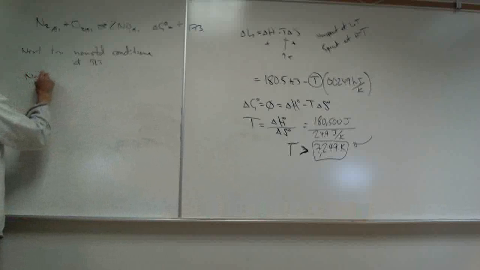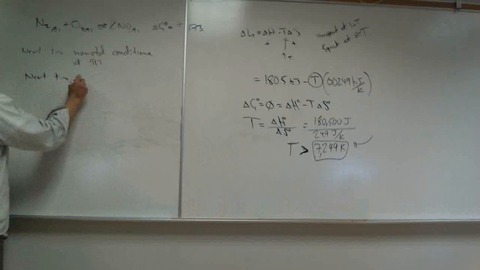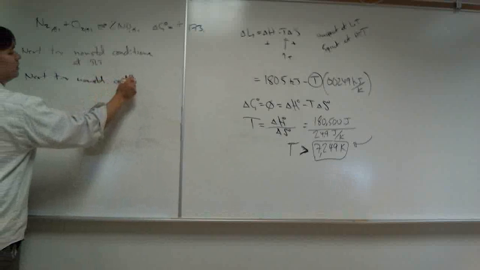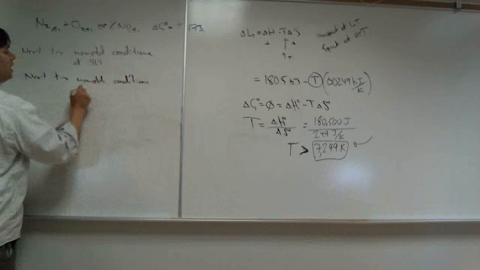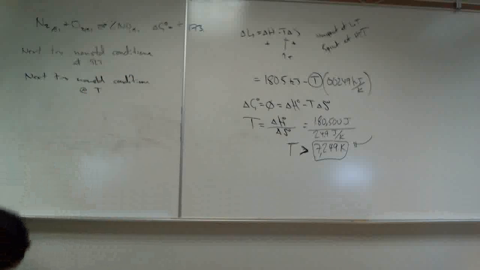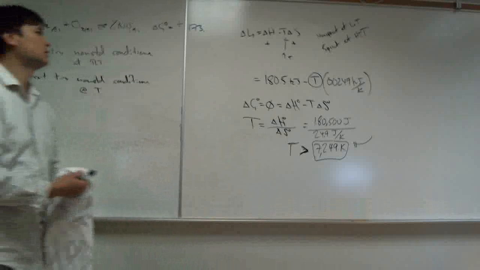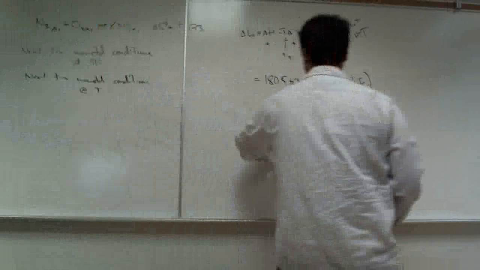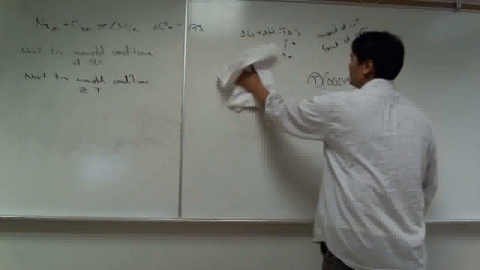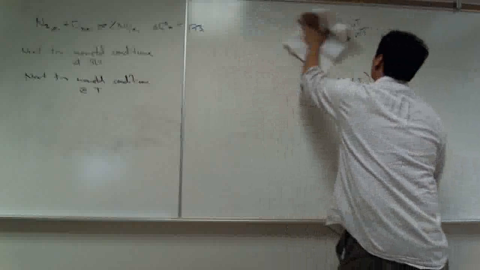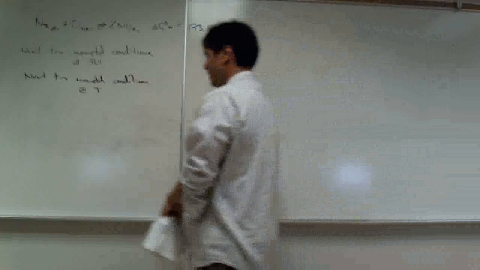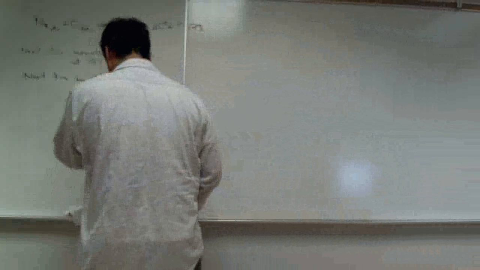Next, try non-standard conditions at T. And so, you know, we try to play around some more with this. But what we're going to do is leave this, because I'm going to do another sample problem where we're going to do something similar to this. And we're going to look at the problem itself.